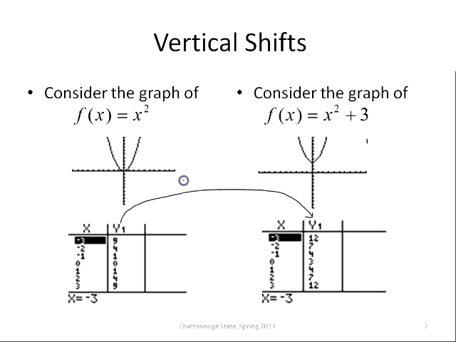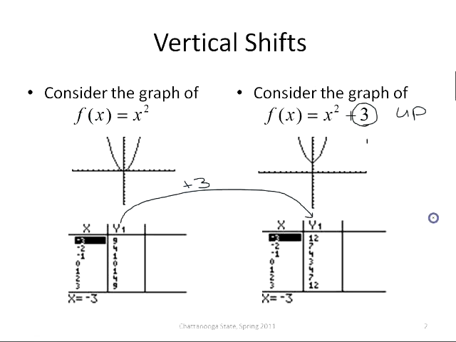If you add 3 to the y's from the first function, I would get the y's from the second function. So adding 3 moves the graph up 3 units. So what do you think would happen if you subtracted 3?